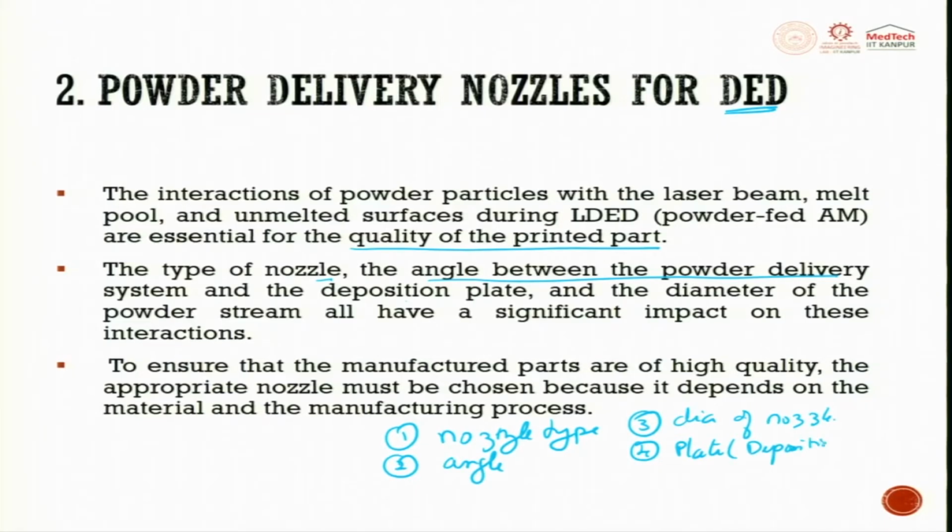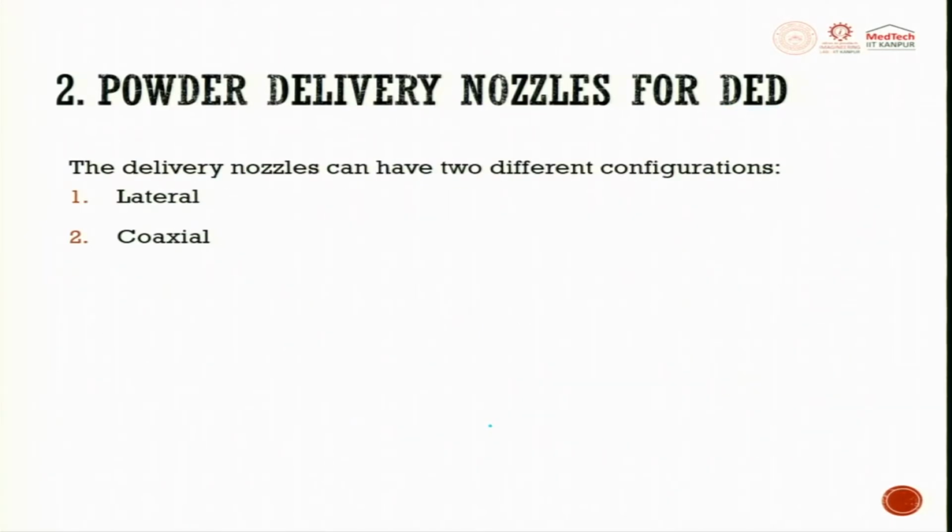All these things are very important. To ensure that the manufactured parts are of high quality, the appropriate nozzle has to be chosen. It depends upon the material and the manufacturing process.